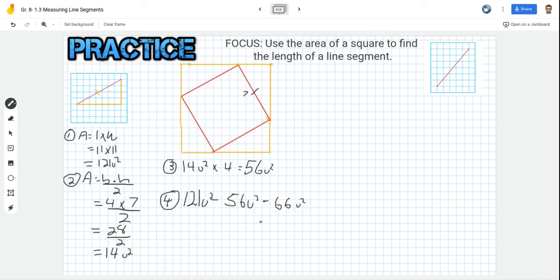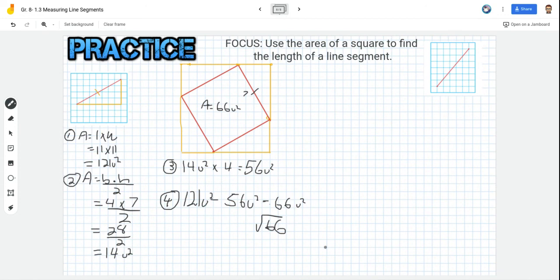Now at this point here, I can just take the square root of 66 or leave it like that, because this area is 66 units squared, and I'm trying to figure out the length of one of these sides of this red square on the inside. I can leave it as the square root of 66. 66 is not a perfect square.